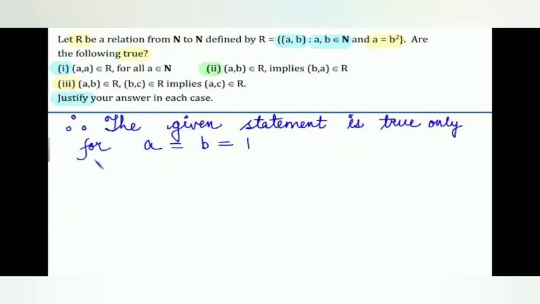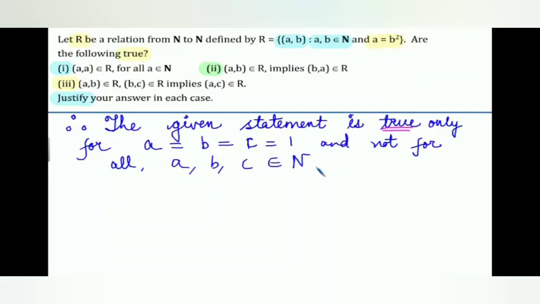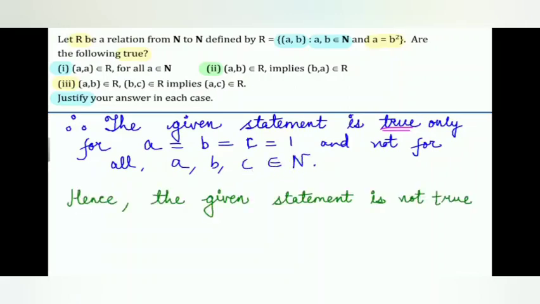So the given statement is true only and only for A, B and C equal to 1, and not possible for all other values, not for all A, B, C belonging to natural numbers. Hence the given statement is not true.